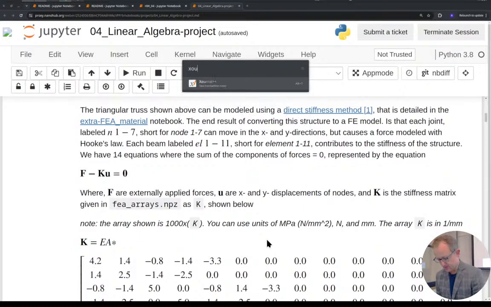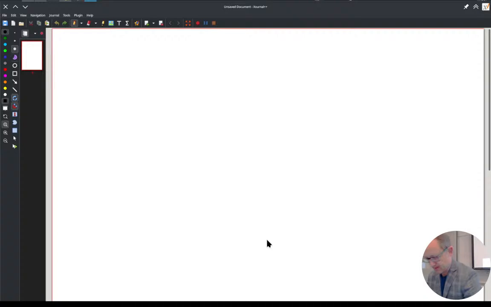F equals K X, where F is some vector of known applied forces, K is our stiffness matrix, X is all the displacements, or I guess we call it U, usually that's the finite element way.